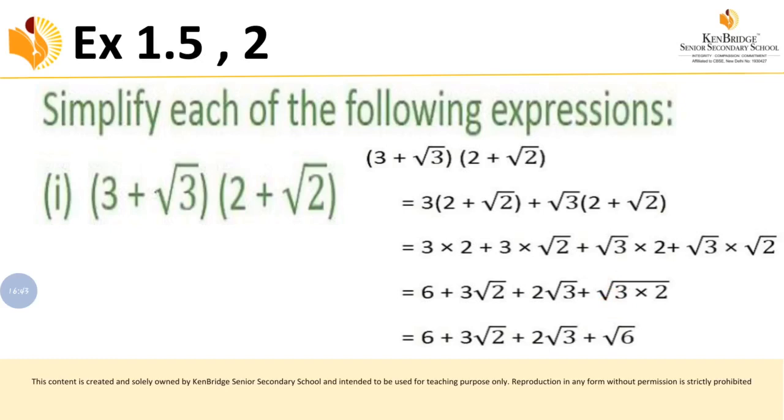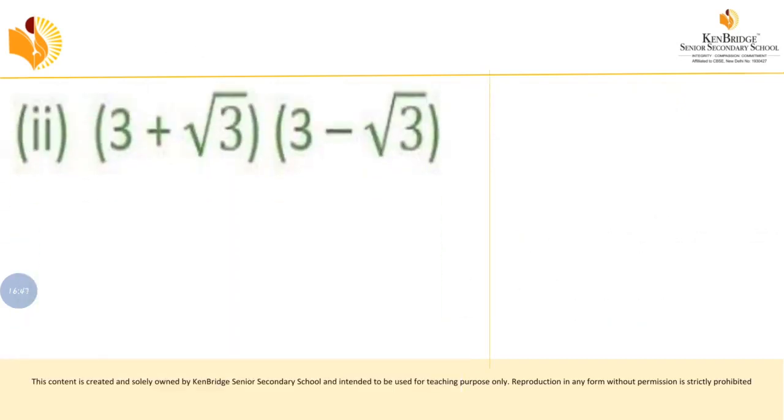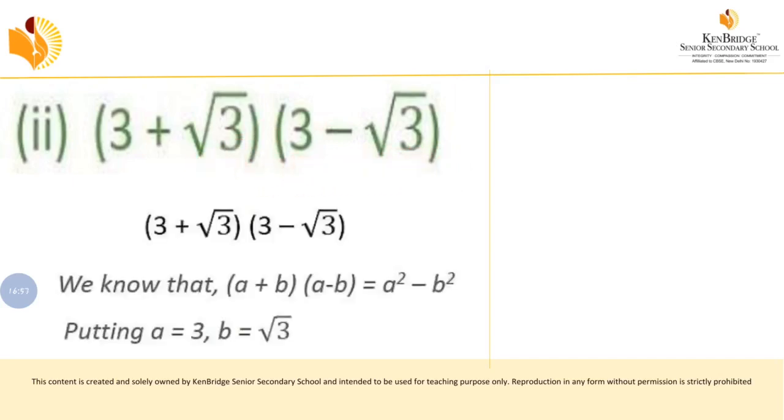Let's see the next one. The next expression is (3 plus root 3) into (3 minus root 3). This is looking like (a plus b) into (a minus b), and we know that formula already: (a plus b)(a minus b) is equal to a squared minus b squared. But here instead of a we should write 3 and instead of b we should write root 3.